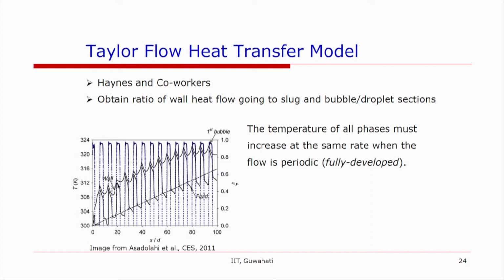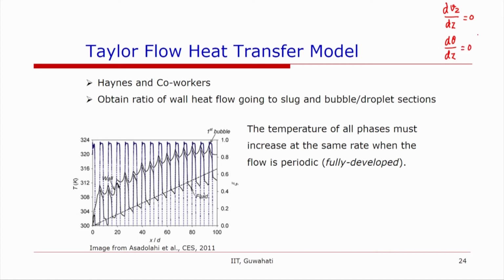So, before we go on, let me say a few words to sensitize you a bit about the fully developed Taylor flow, because our general definition of fully developed is that for velocity, dv z over dz is equal to 0, and d theta over dz is equal to 0.